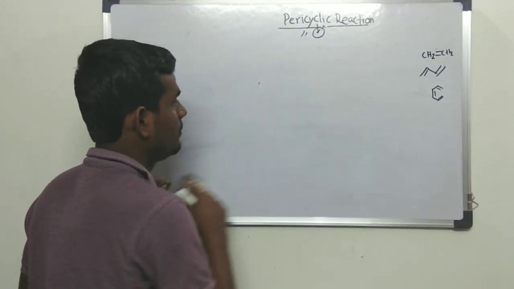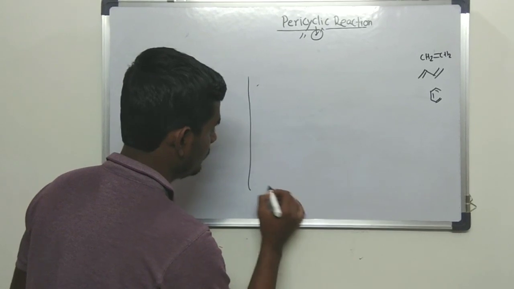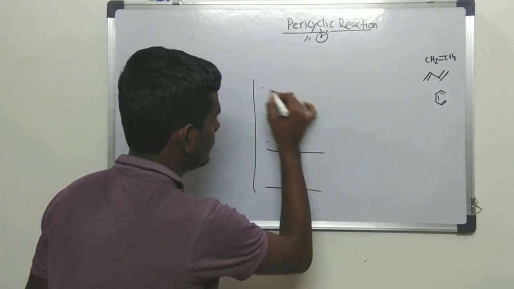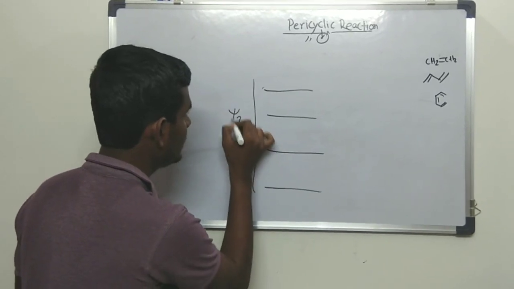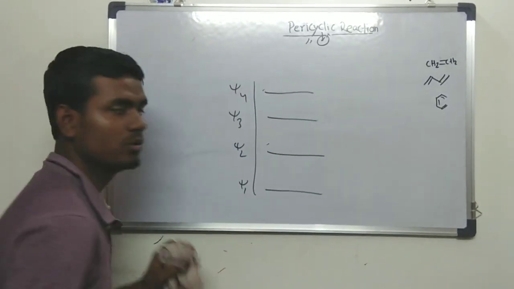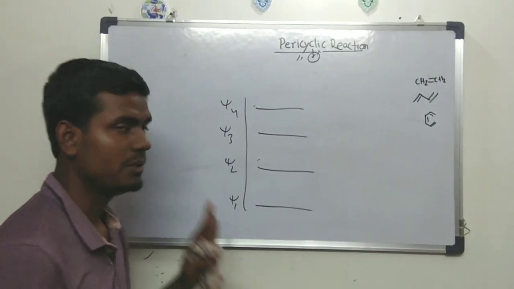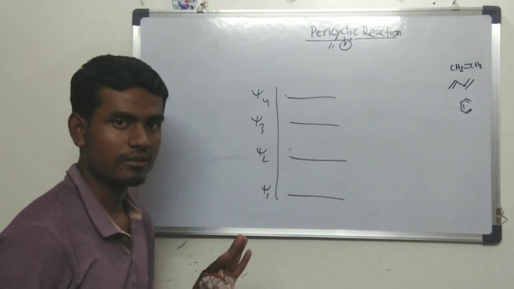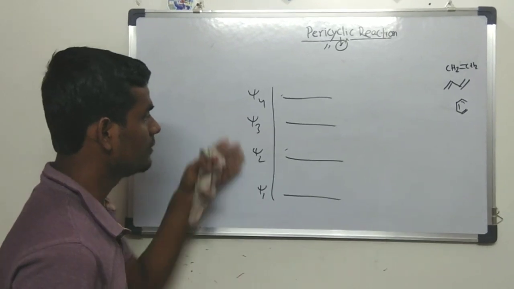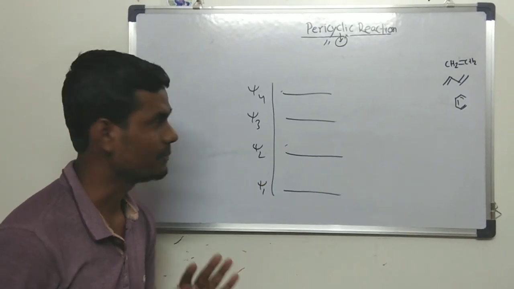Since there are 4 pi orbitals, there will be 4 molecular orbitals, each denoted as Chi1, Chi2, Chi3 and Chi4. So my butadiene has 4 carbons with 4 pi electrons, and it will have 4 pi molecular orbitals.